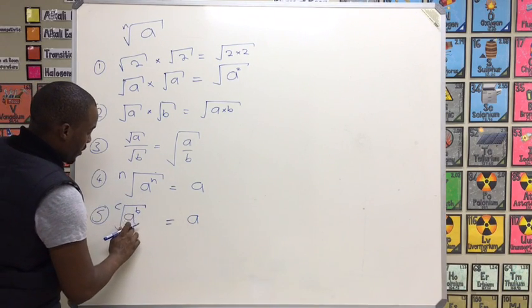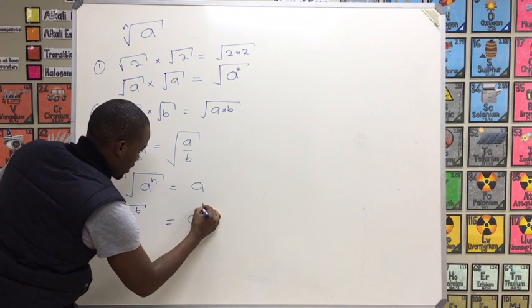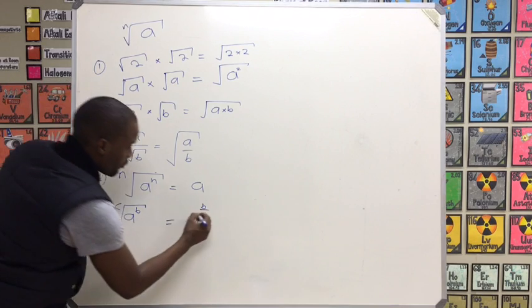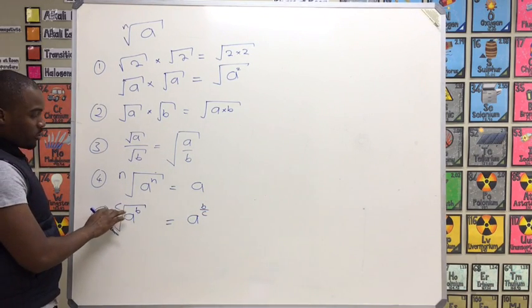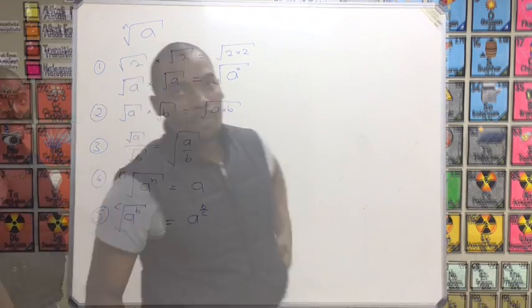So we would have A to the power of whatever power you had here, which is B, and then that exponent is divided by the power of the root, which is C. So the C root of A to the power of B would be A to the power of B divided by C.